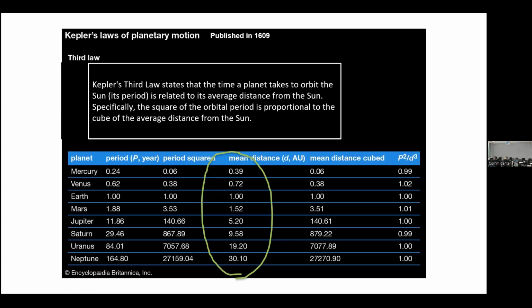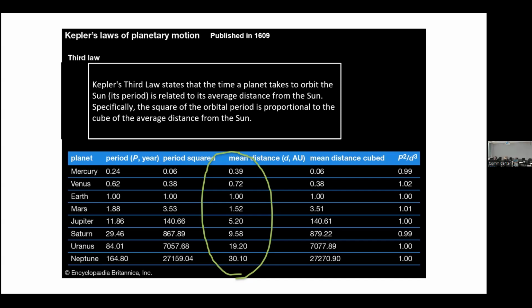And we knew that Venus was 0.72 of that. We knew that Mercury was 0.39. We knew that Mars was 1.52, Jupiter, Saturn, and so on. Again, Uranus and Neptune were not known at the time.